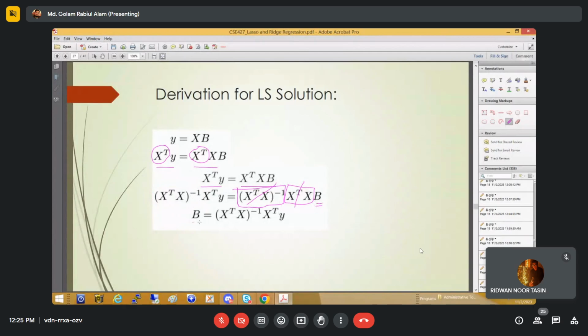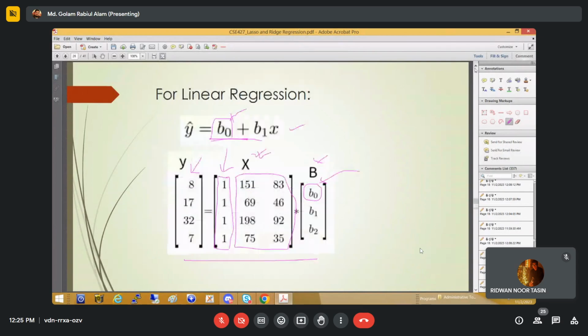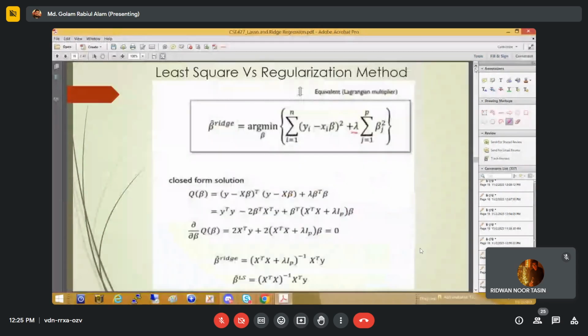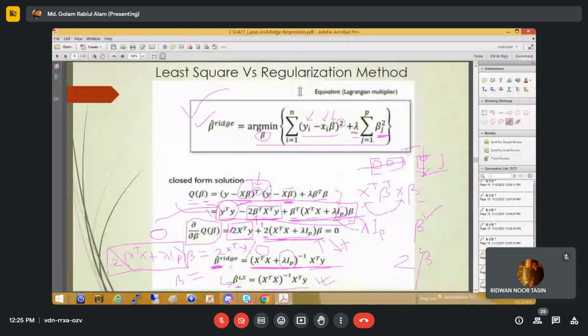So here is b, and here is x transpose x inverse times x transpose y. We will get this for our linear regression, and that's what I have already mentioned in our equation. This is the equation for linear regression.